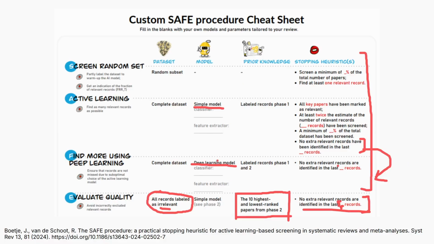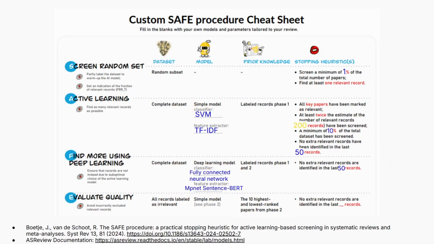And there is also something important: after performing all of this screening, you have to report what things you have done. So you have to report which kind of models were performed.